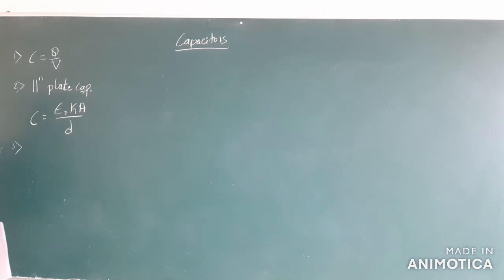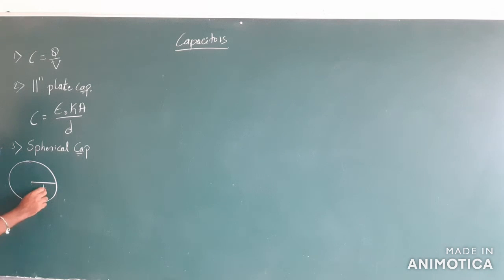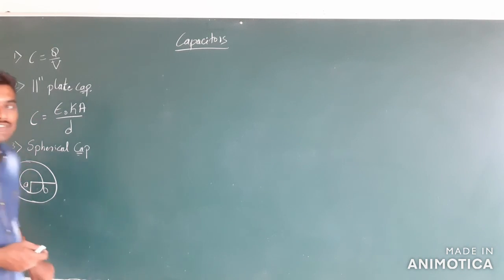Moving ahead, the third formula is the capacitance of a spherical capacitor. What do we mean by a spherical capacitor? It looks like this: a bigger sphere, say of radius B, and a smaller sphere, say of radius A, with common center.